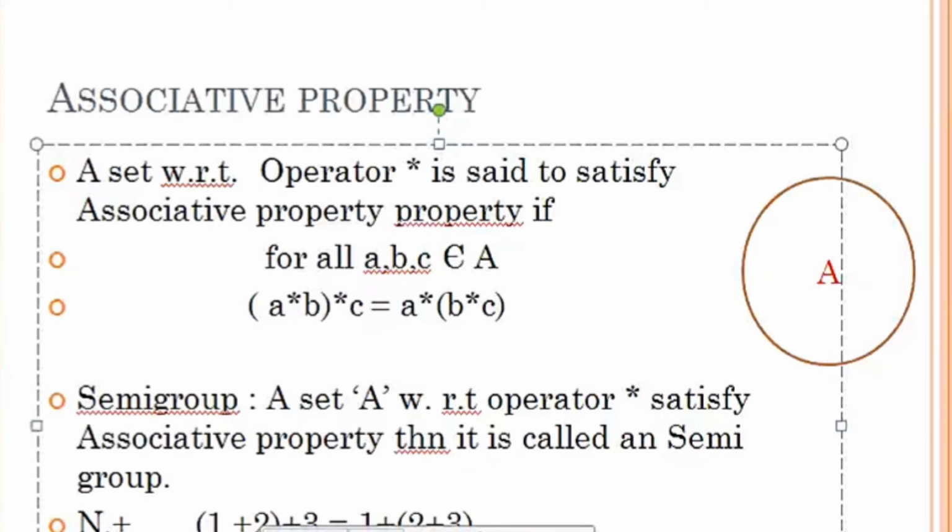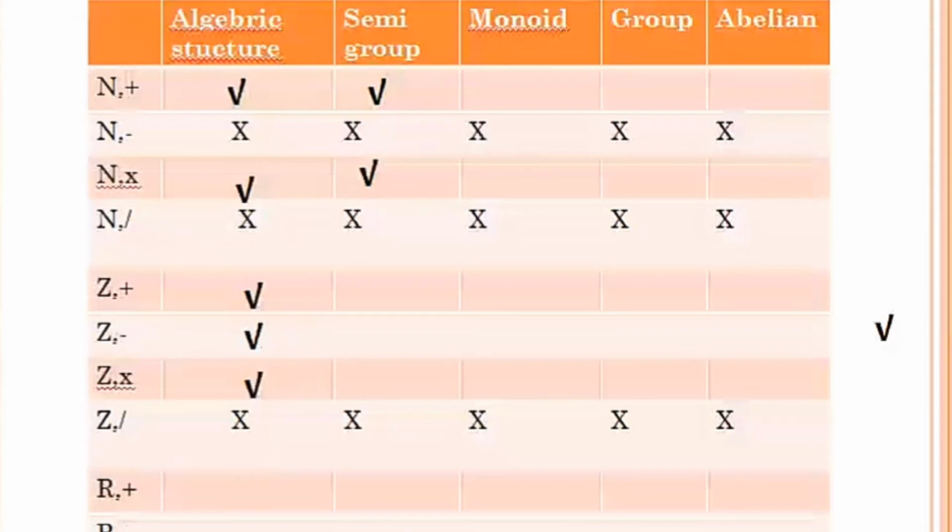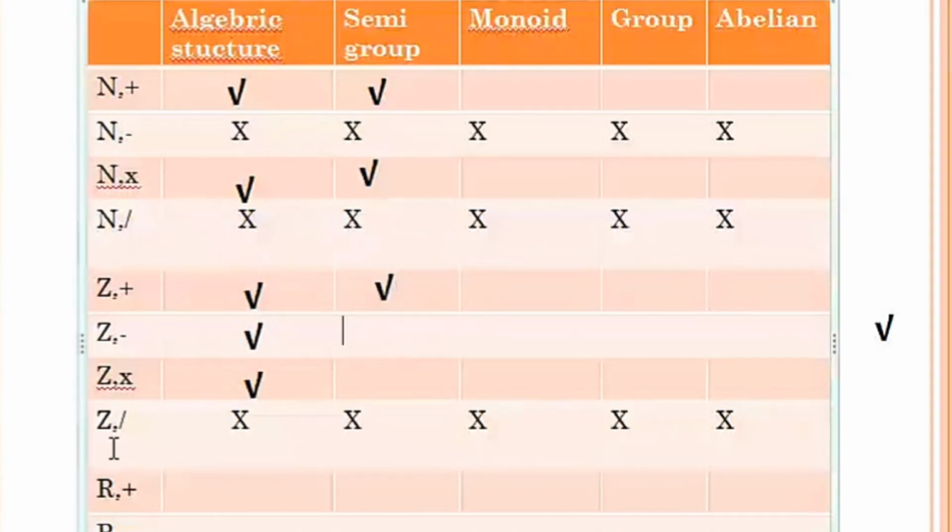As it is an addition operation, you will get the same result. So integers with respect to addition also satisfy the associative property, so they became a semi-group.